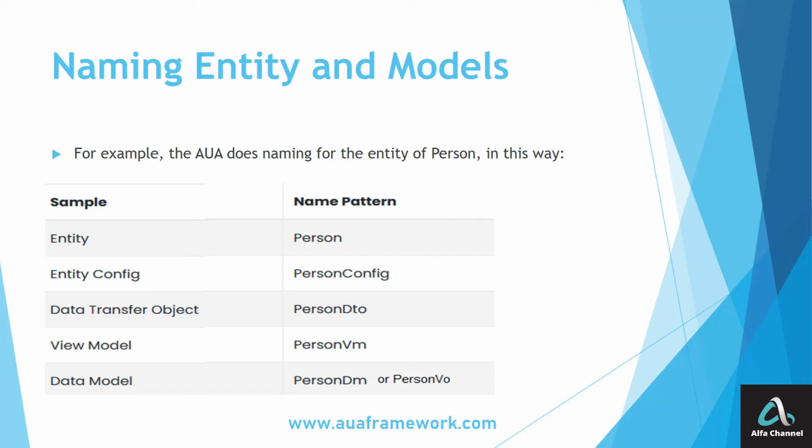Therefore, the data model is acting as input or output for services, and there is no relation between the data model and UI or between the data model and the entity. In fact, the data model just has to send or receive the parameters between services.